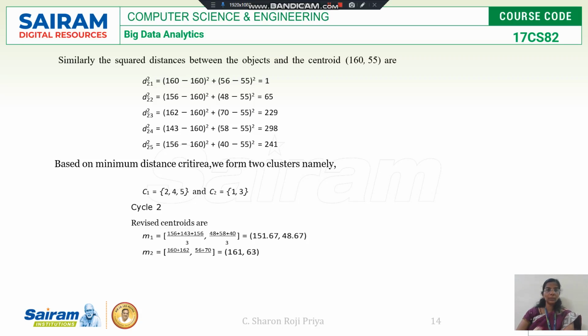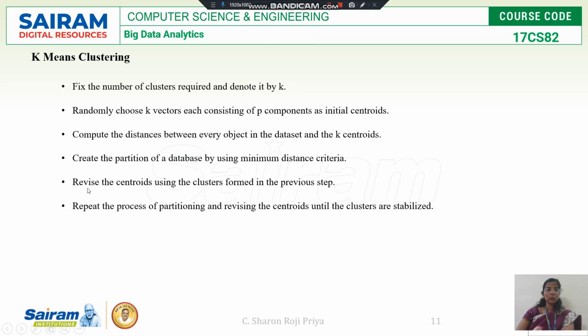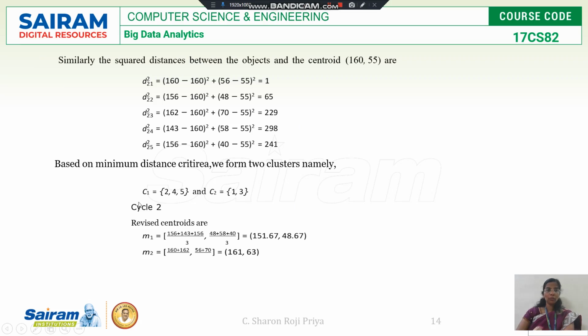Now according to the steps, I have to revise the centroids using the clusters formed in the previous step. Now I have formed the clusters, so I have to revise the centroid. How will I revise the centroid?